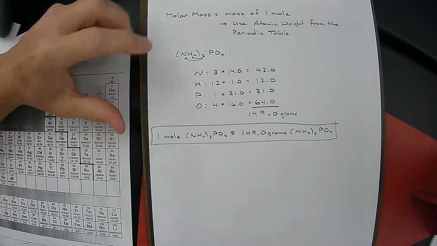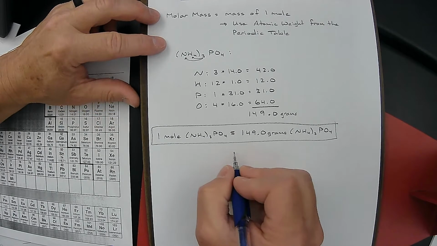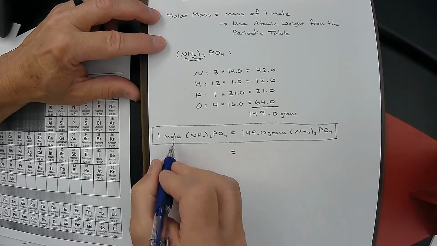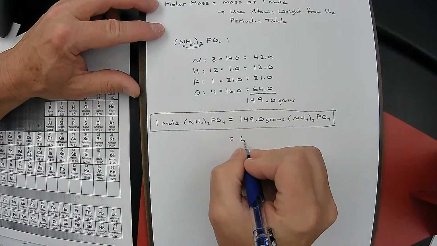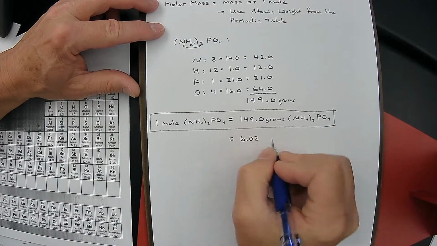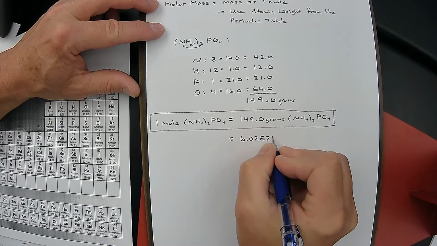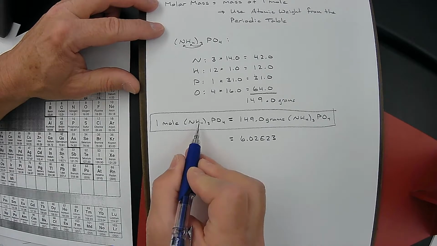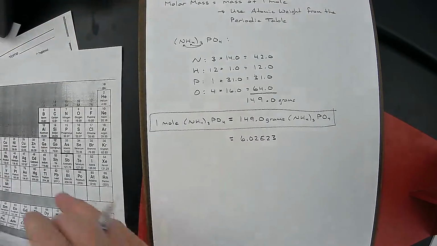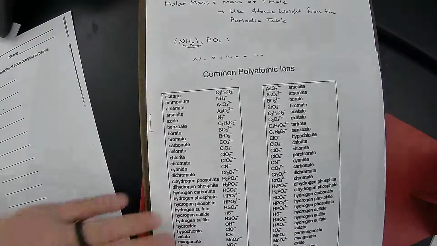Now, we may also write another equivalent statement. 1 mole is also equal to a number, and that number is 6.02 e to the 23rd. Now, I need to decide what units I'm going to call this. This is an ion, and it's listed on the back of my polyatomic ions.